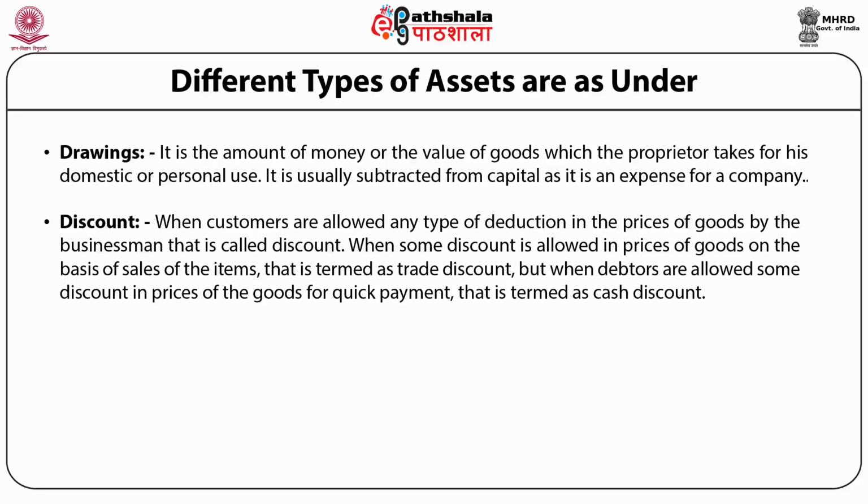When some discount is allowed in prices of goods on the basis of sales of the items, that is termed as trade discount. But when debtors are allowed some discount in prices of the goods for quick payment, that is termed as cash discount.